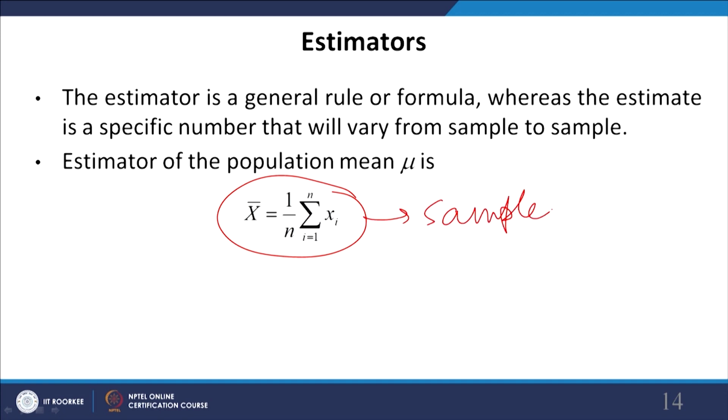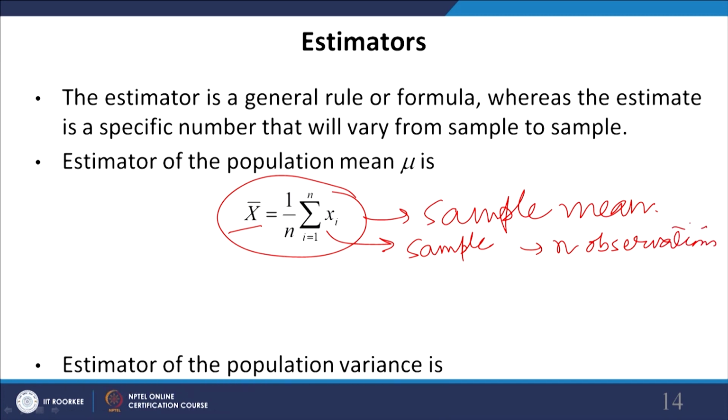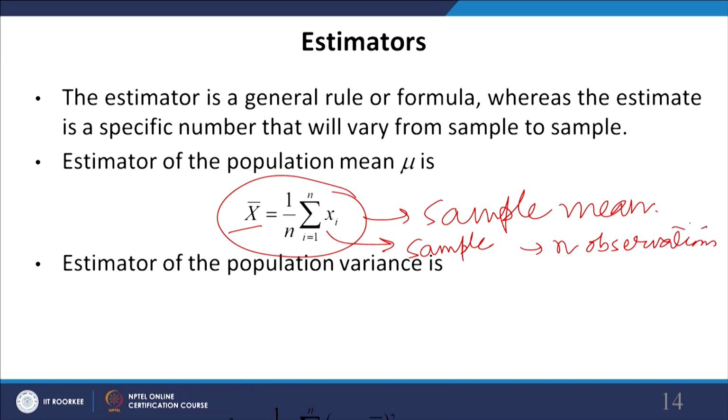So, this is the sample mean, which estimates the population mean, and we denote it by x bar, where these xi's are drawn from a sample. The sample consists of n observations.